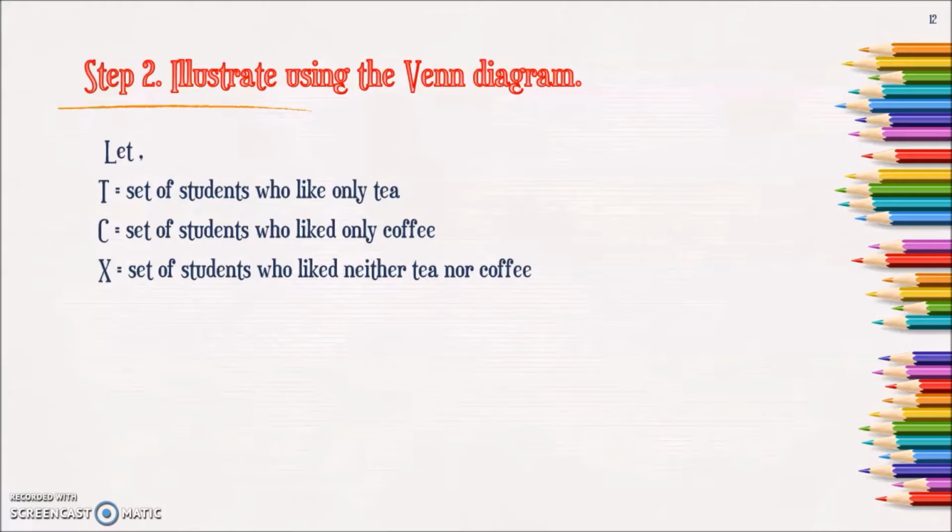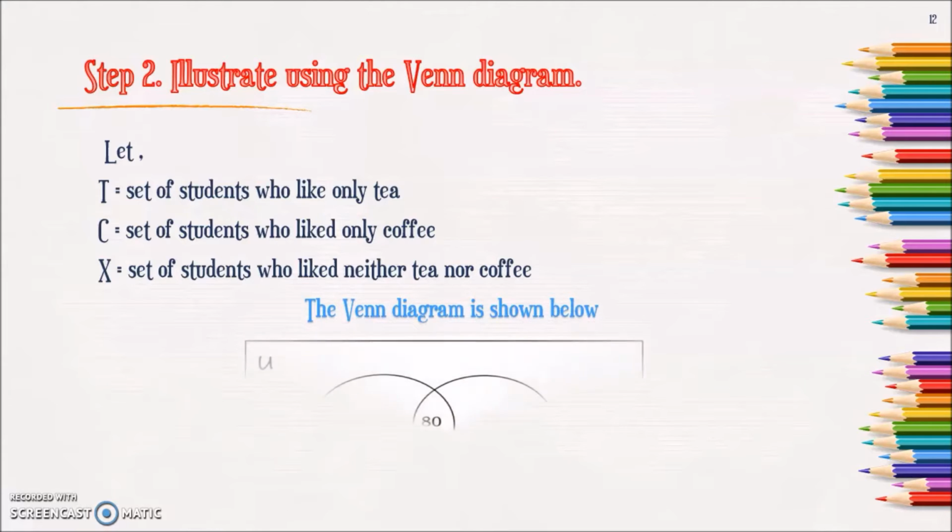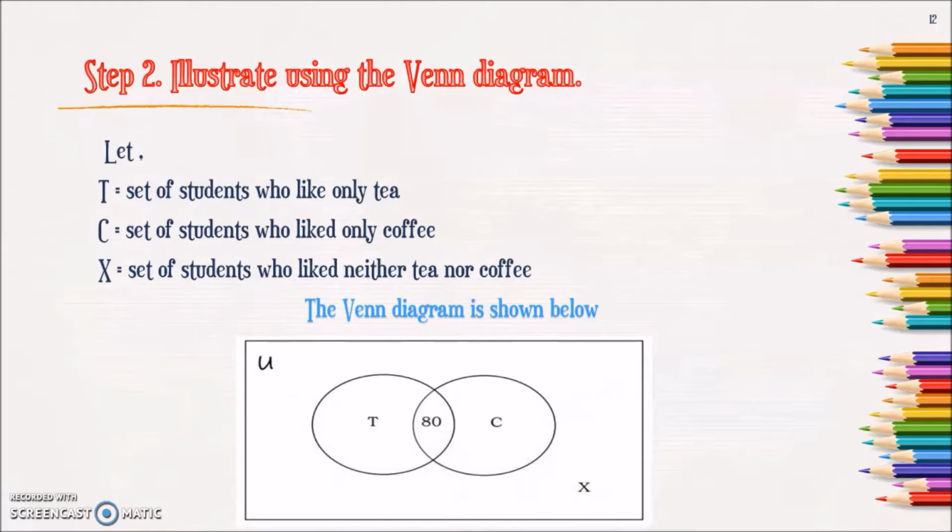And we let X be the set of students who like neither tea nor coffee. The Venn diagram is shown below. As we can see in our Venn diagram, we have put out the representation and its equivalence.